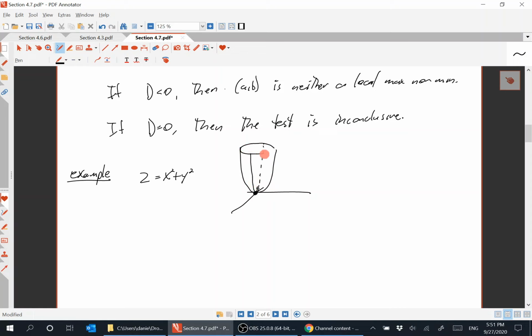All right, so the surface looks like this, and clearly there is only one critical point, where the tangent plane is going to be horizontal, and that's at (0,0).